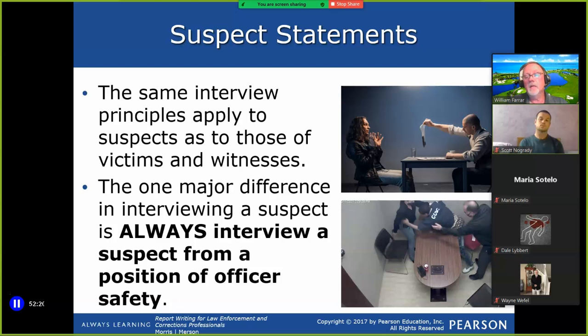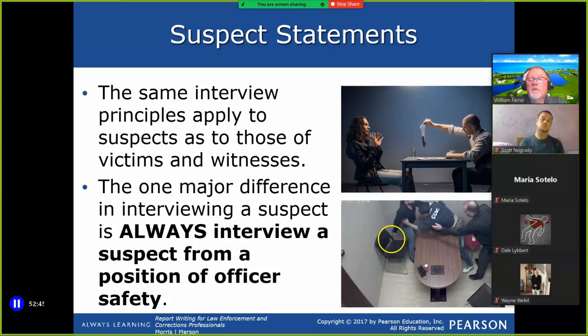Okay, and you can see a couple of pictures I have here where this detective is showing a person a firearm inside of a bag. I wouldn't suggest doing that. Now I'm sure it's unloaded, but that's still to me a little bit too close. Here's a photo of somebody where a suspect kind of goes across the table and you can see that he's grabbing the officer's gun.